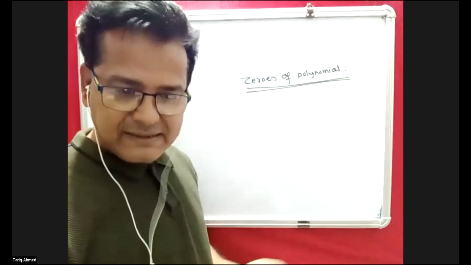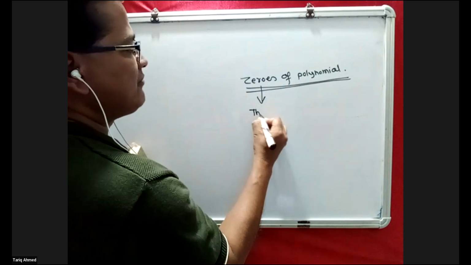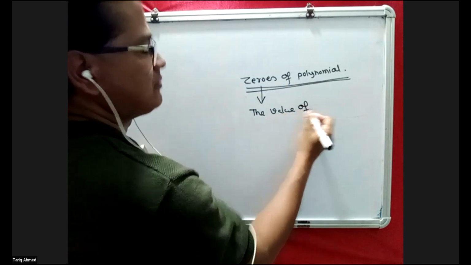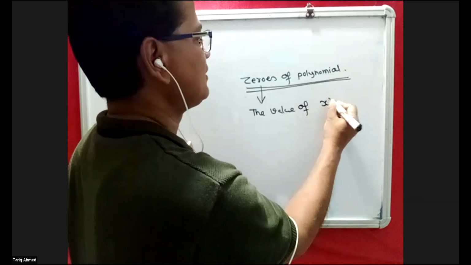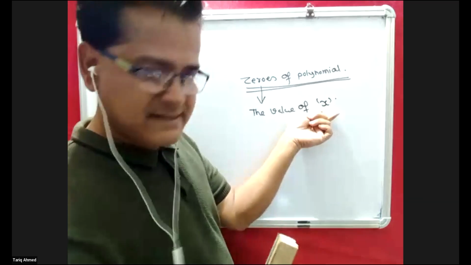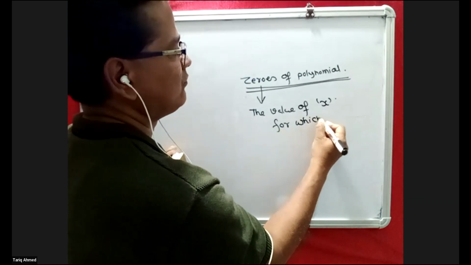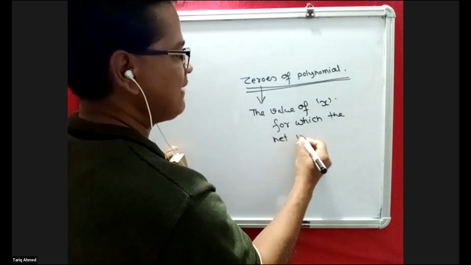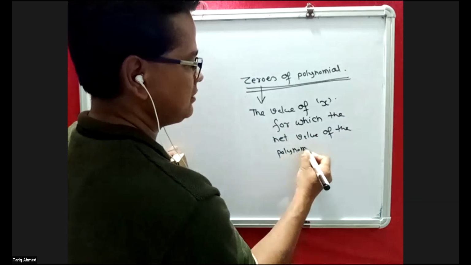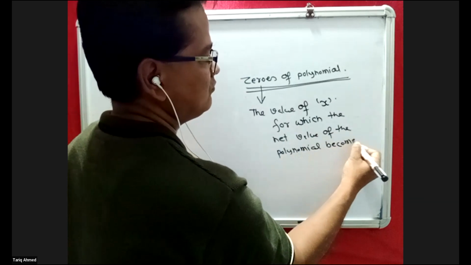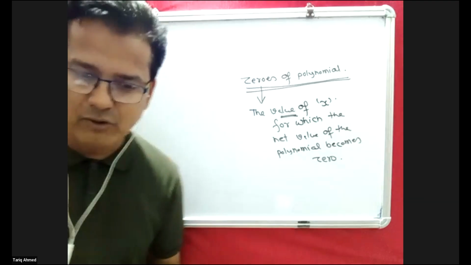Okay. So I'm explaining that more. See, most of the time the polynomial is written with the variable x, so I'm writing x here. The value of x for which the net value of the polynomial becomes 0, those values are called zeros of the polynomial.